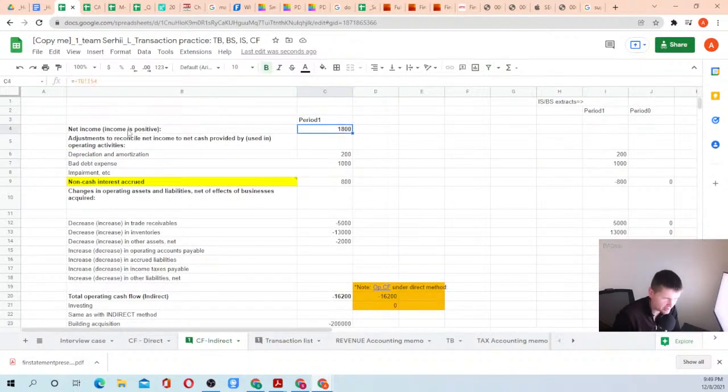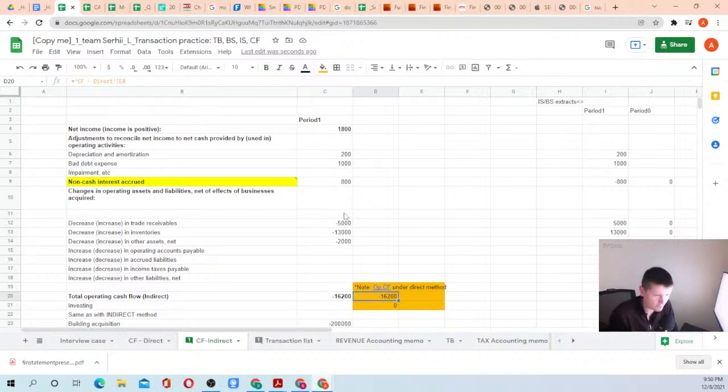So our net income will improve a bit for that 1,000, and our adjustment for bad debt expense will change for 1,000, and our cash flows will reconcile again.